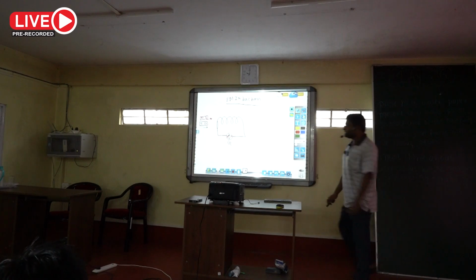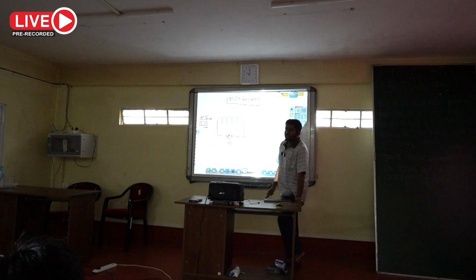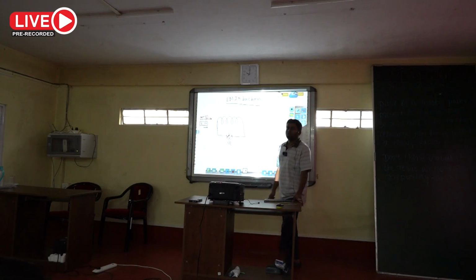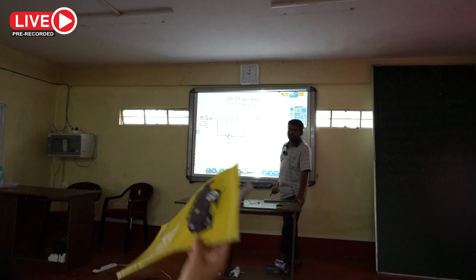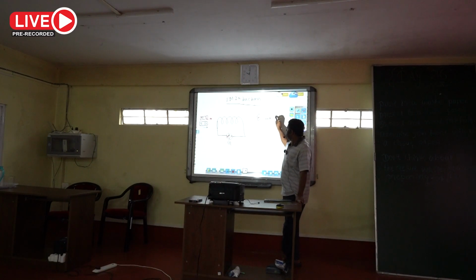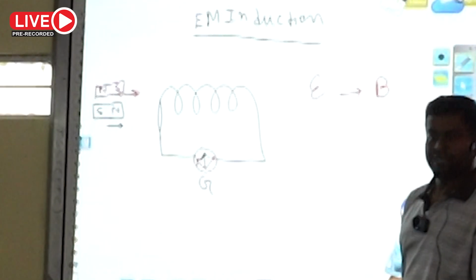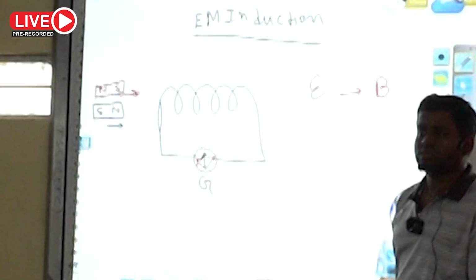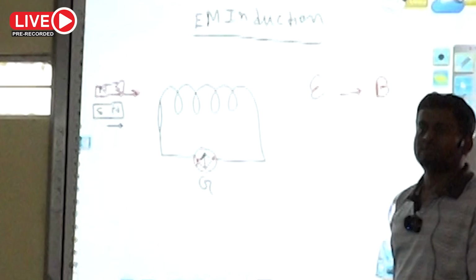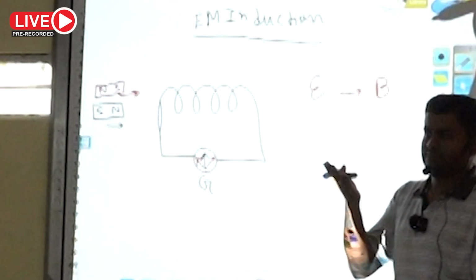So, the first thing that we can say about the current induced in the coil: why does a current flow through a conductor? Because there is an EMF developed, and this EMF will send the current through the conductor. So I can consider that there is an EMF induced when there is a change in magnetic field B. Because poles moving close means the magnetic field associated with the coil will increase.